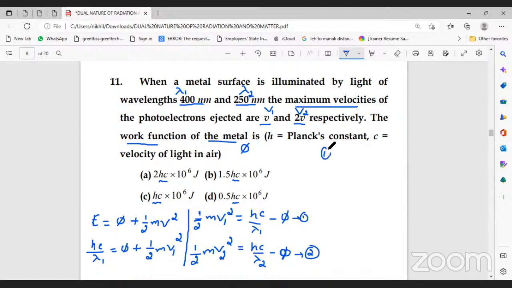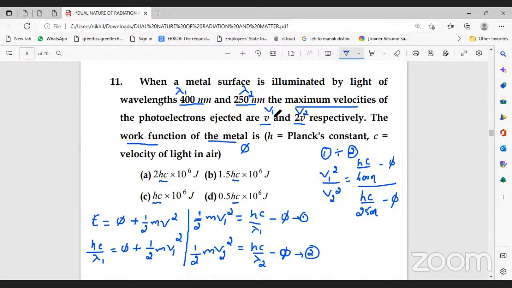Now if I divide equation 1 by 2, what will you get? Half m will get cancelled out. So v1 squared by v2 squared is equal to hc by lambda 1, that is 400 nanometer, minus work function, by hc by lambda 2, that is 250 nano, minus work function.